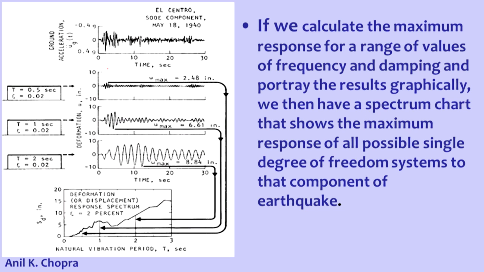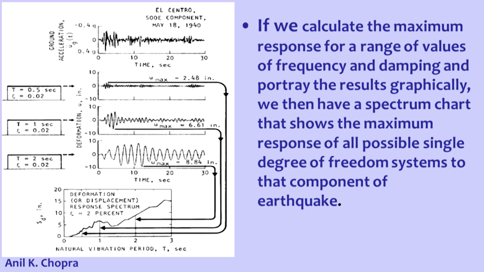For these three structures we are giving El Centro ground motion as input. Using some numerical technique, either central difference method or Newmark's method, we get the time history of this structure, and similarly the second structure and the third structure.